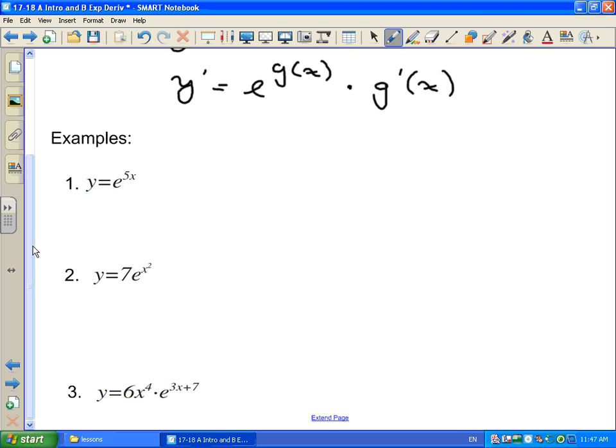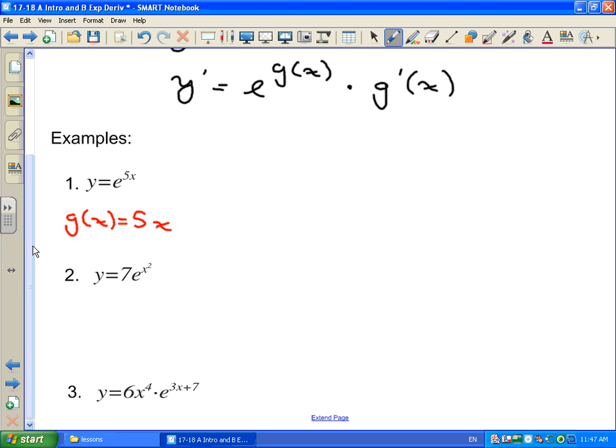First one here, y equals e to the 5x. If we want to go through the steps here, this is obviously one where we have to use the chain rule. Our function g of x, which is our inner function, is just 5x.